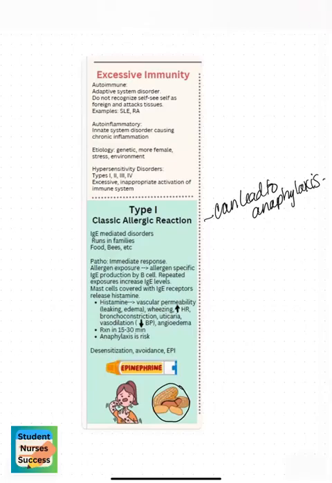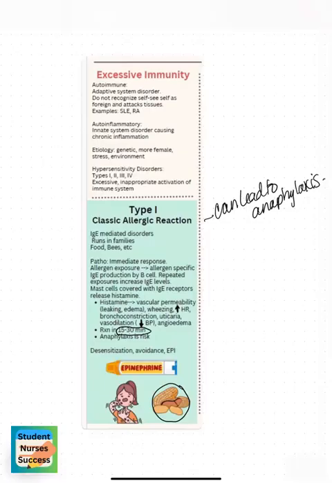With type 1 classic allergic reactions, we know that the response is almost immediate. We actually will see the reaction in somewhere about 15 to 30 minutes. So these are pretty quick. What happens is exposure to the allergen or the antigen causes specific IgE production by the B cell.